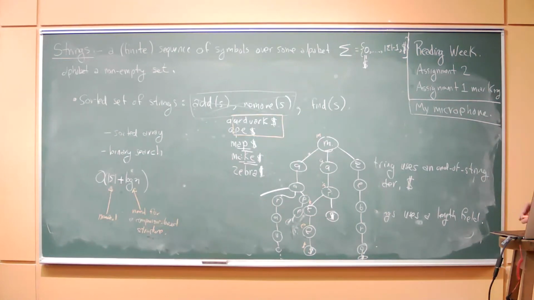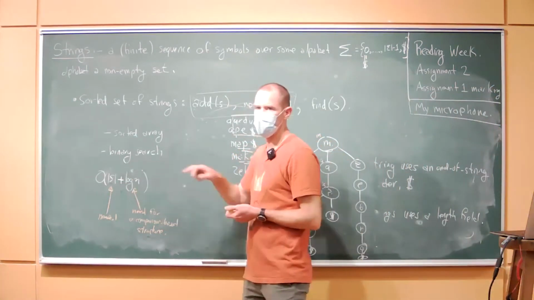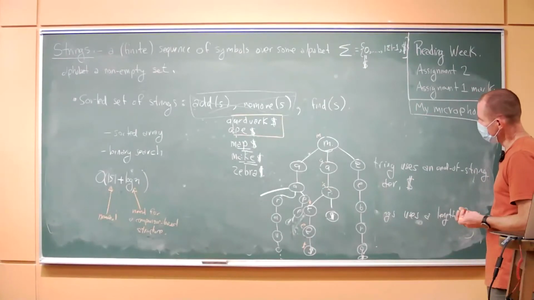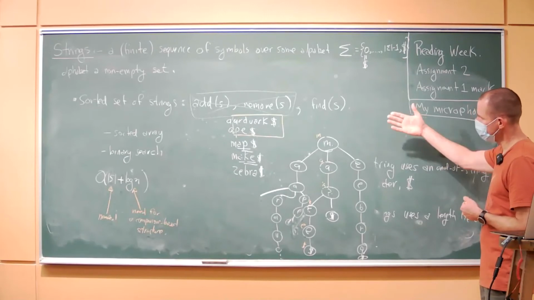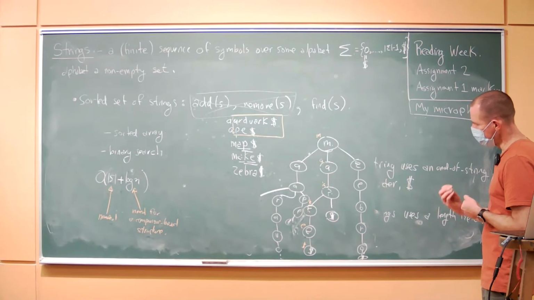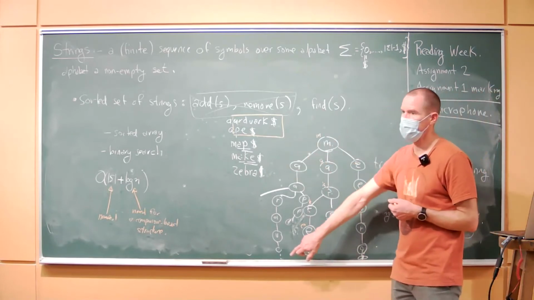Okay, and now when you do this, you get a search time that is the length of the string you're searching for plus log n. That's because, when I store a set like this, for every string that's in my set, I will have a leaf in this tree that has a $ sign.